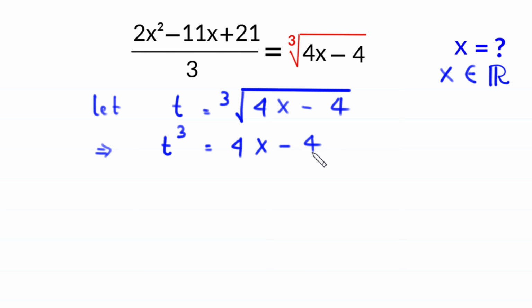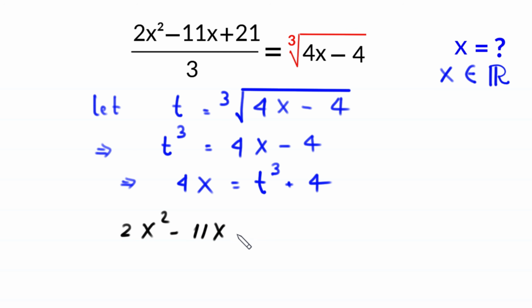Move this negative 4 to the left hand side. This implies that 4 times x equals t cubed plus 4. Apply this substitution, the equation will become (2x squared minus 11 times x plus 21) divided by 3 equals t.